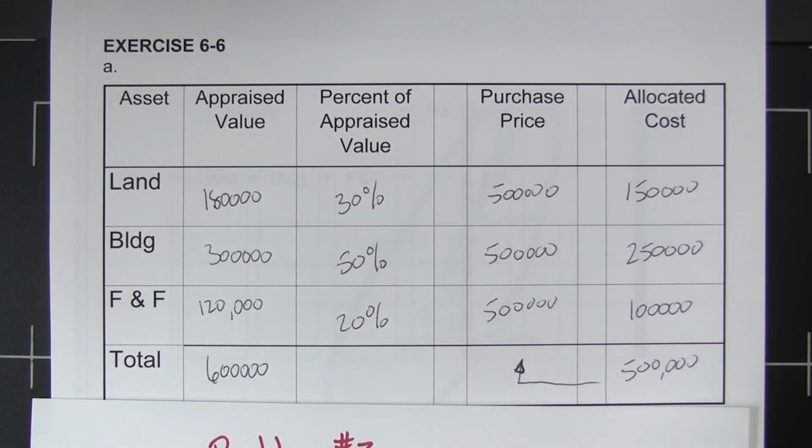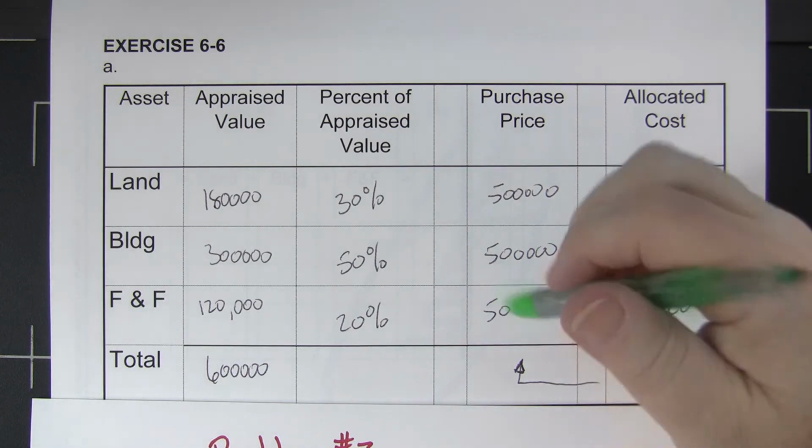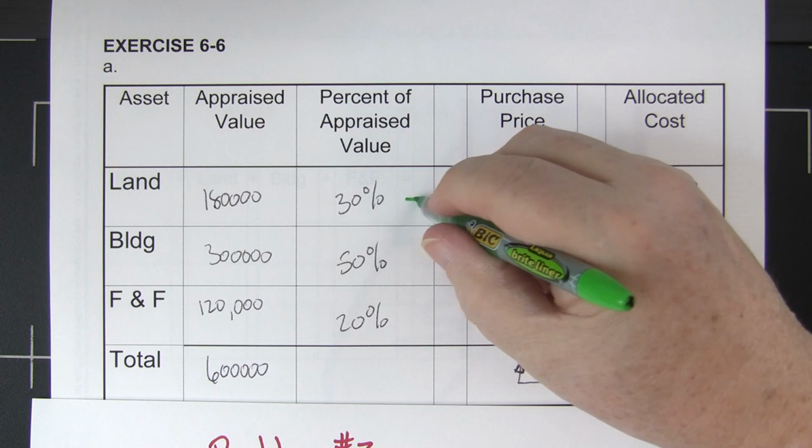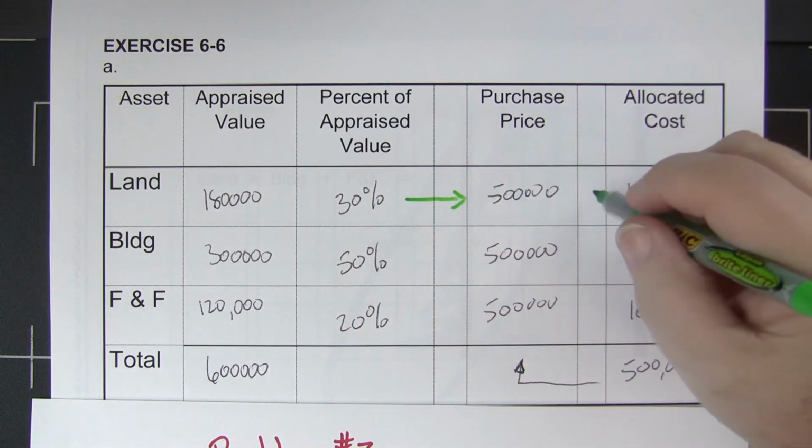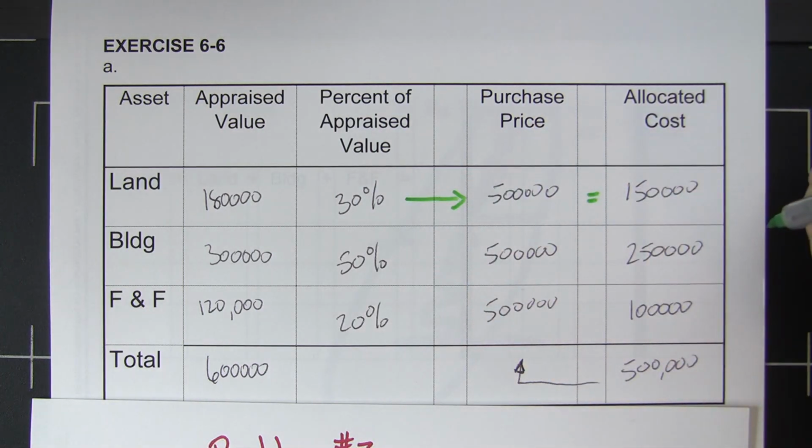So let's take a look at what I'm saying here. 30% of 500,000 is how much I'm going to allocate to the land.